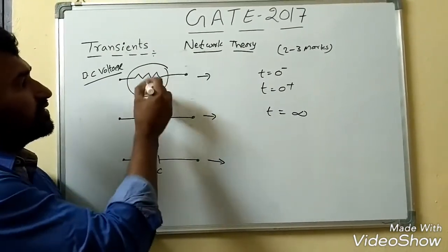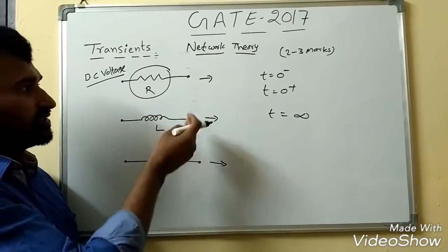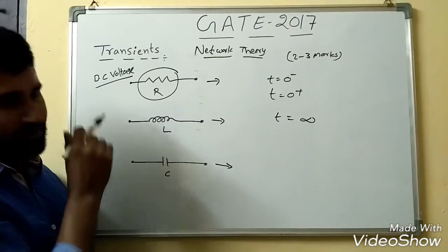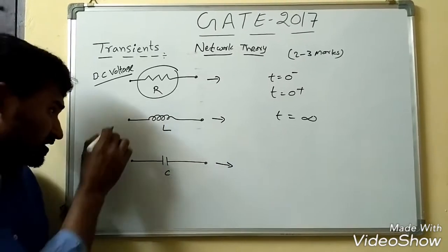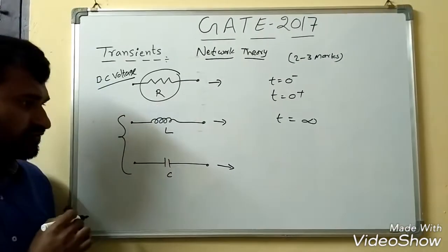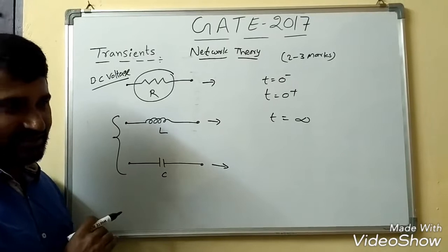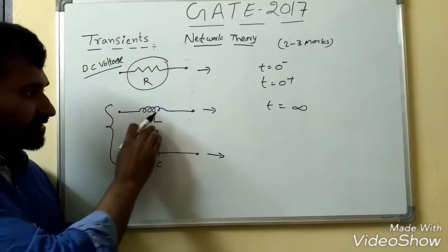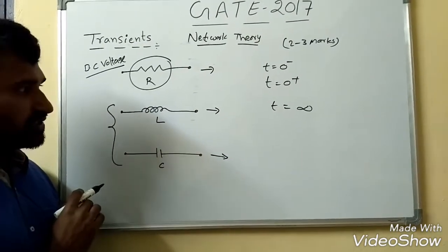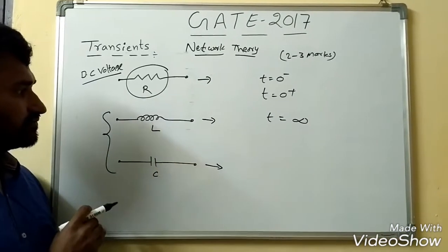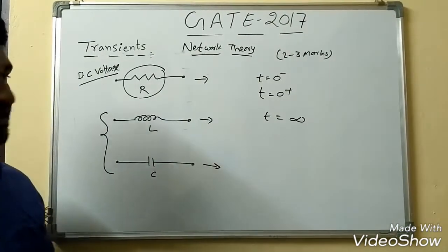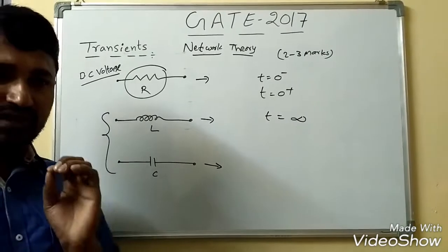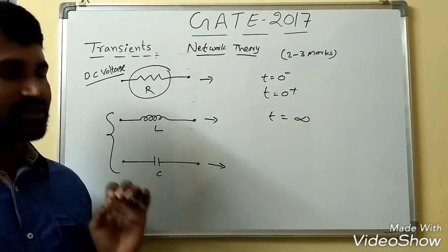So we don't require the resistance concepts when the transient is happening. Now only 2 elements or components will oppose the sudden changes in the circuit, that is inductance as well as capacitance. So again I'm telling, the inductor and capacitance will oppose sudden changes.